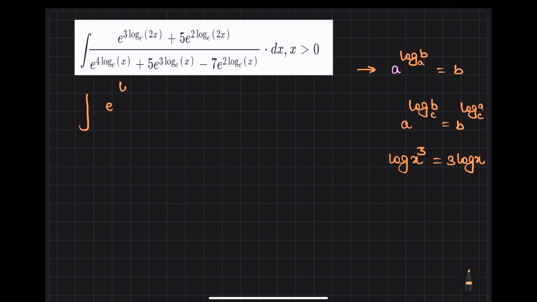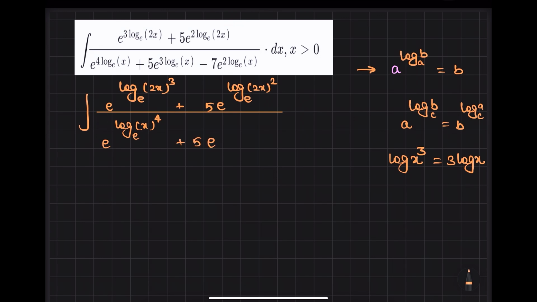So can I write e^(log_e (2x)^3) plus 5 times e^(log_e (2x)^2), and then e^(log_e x^4) plus 5 e^(log_e x^3) minus 7 e^(log_e x^2) dx.